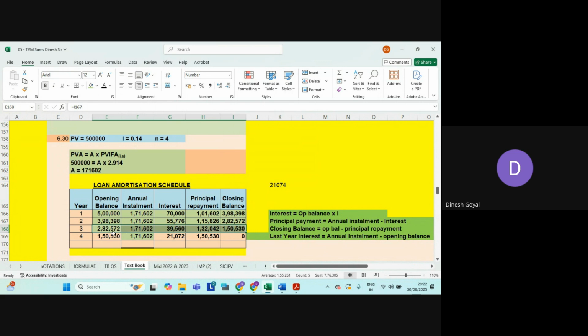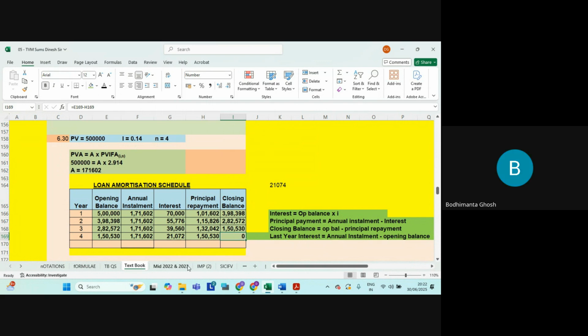And in the fourth also you can do the same. And here instead of 0 you might get negative 5, 10, 20 rupees or positive 5, 10, 20 rupees. That is fine. तो तुम लोग सेम स्टेप लास्ट ईयर में भी करते हो तो हो सकता है वो 0 नहीं आते, थोड़ा सा 10, 20 रुपीज पॉजिटिव नेगेटिव आ सकता है.